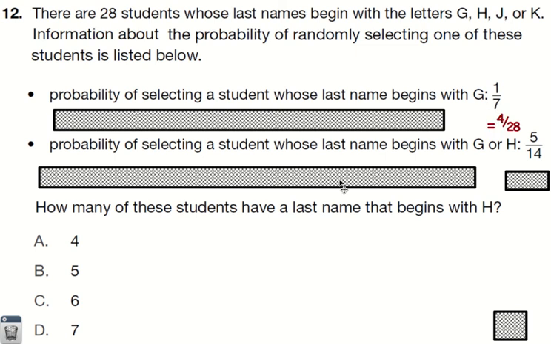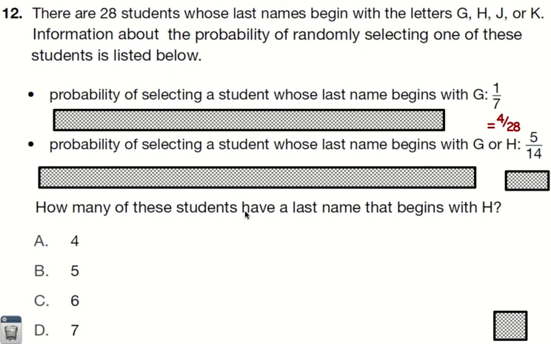So in other words, 4 out of 28. 4 out of 28 is equivalent to 1 out of 7. Remember, probability is the number of favorable outcomes out of the total. So 1 out of 7 is what out of 28? 4.